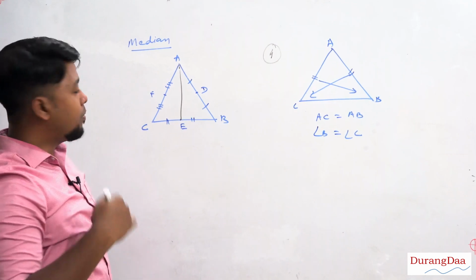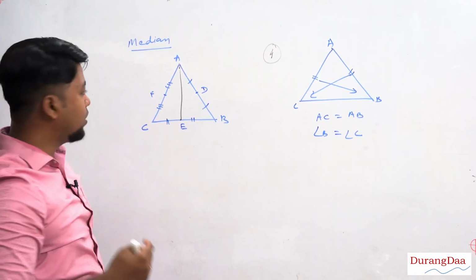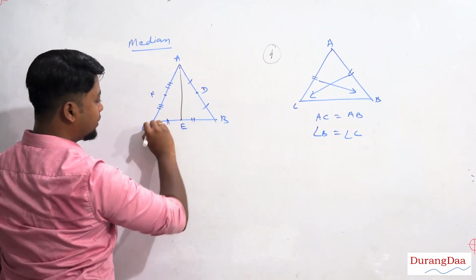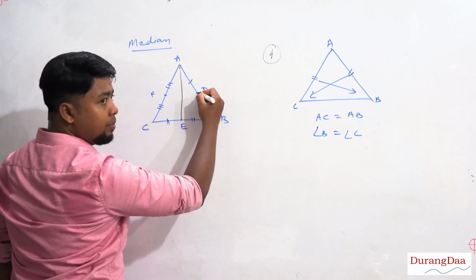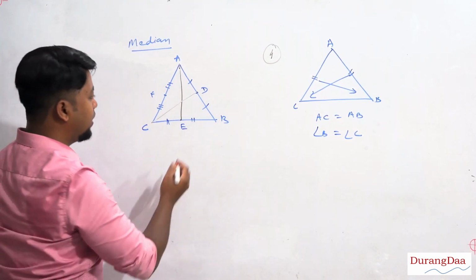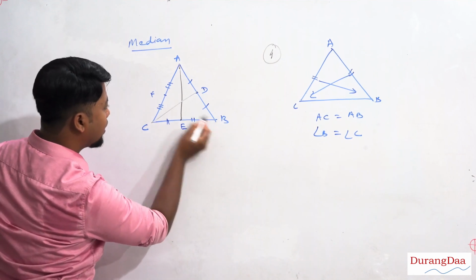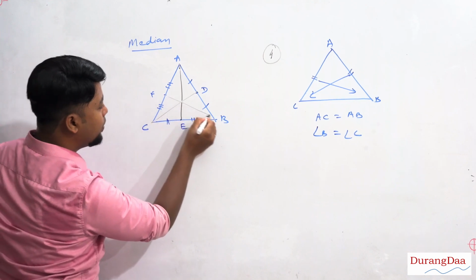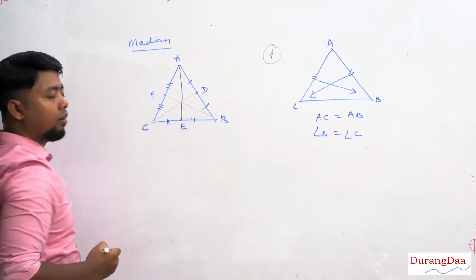Now, a triangle can have three medians because it has three vertices. So, if I connect this vertex to the opposite midpoint, this also would be a median of the triangle. And finally, from this vertex also you draw a straight line to the midpoint of the side opposite to it, this also would be a median of the triangle.